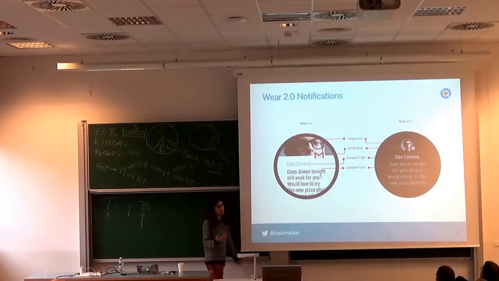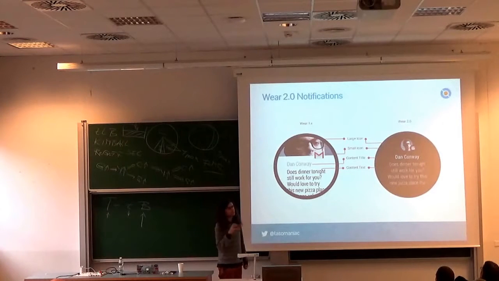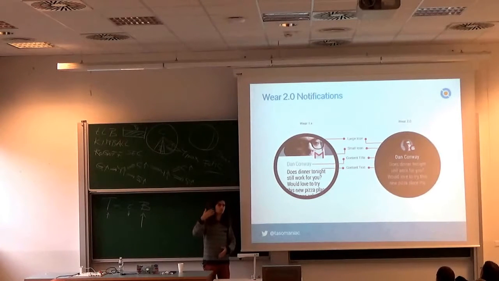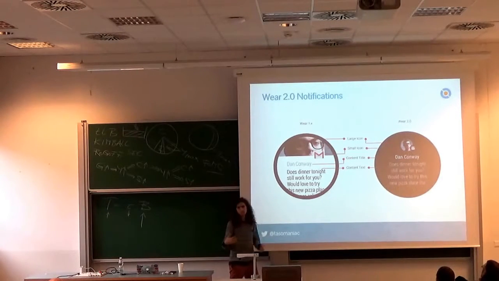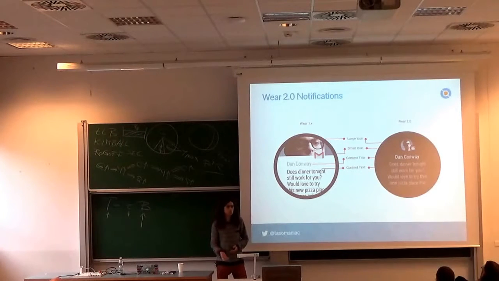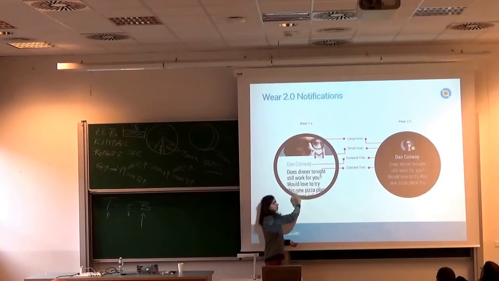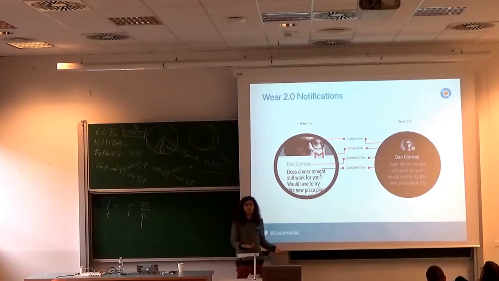So in Android Wear 2, every notification is only one page. Before it was a scroll list, and then depending on the notification content, you could see more, or you could see group notifications, pages of notifications of the same item, and when you go horizontally, you were seeing the actions.